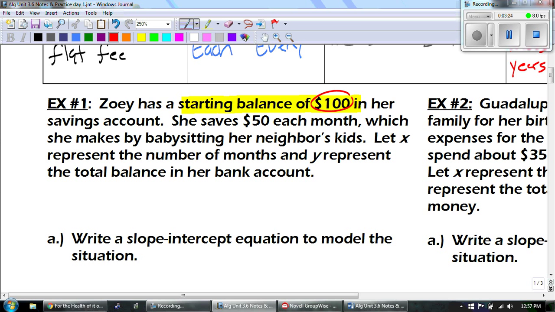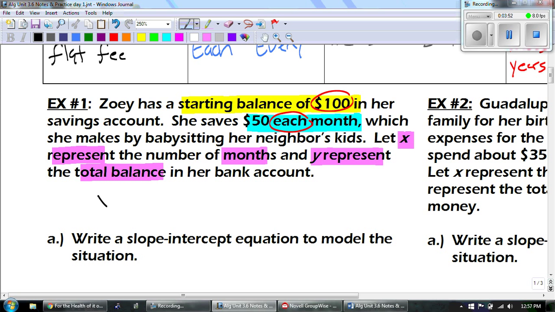She saves $50 each, ooh, that's a keyword, month, which she makes by babysitting her neighbor's kids. Let x represent the number of months and y represent the total balance in her bank account.